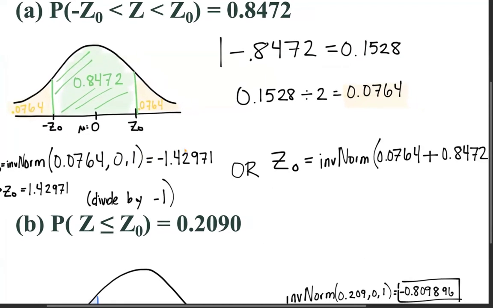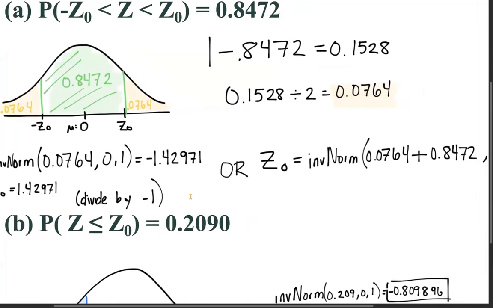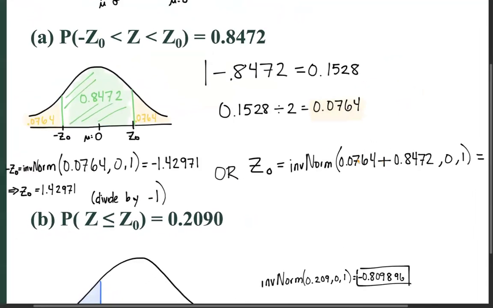Okay, the second option is you can use this value here. If we want to find this z0, then you don't have to remember to divide by negative 1. And so here we would want the area under the curve up to this point. So we would have to do 0.0764 and add that to the green area 0.8472. So the area from negative infinity all the way up to here.